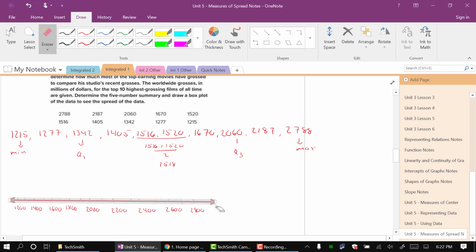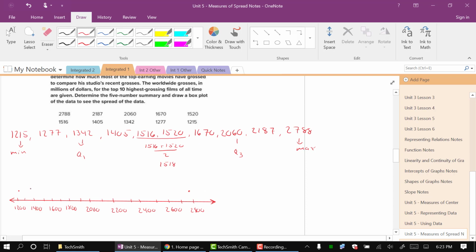All right, so what we're going to do is put a point over our smallest number, so it's about right there. We're going to put a point next to our largest number, which is about right there. Now we're going to put 3 lines. Our first line is going to be at quartile 1, which is at 1342.